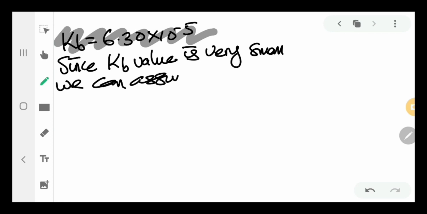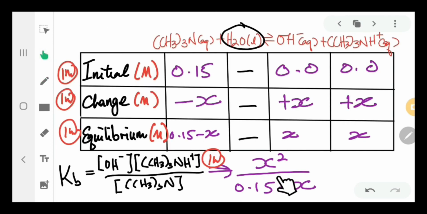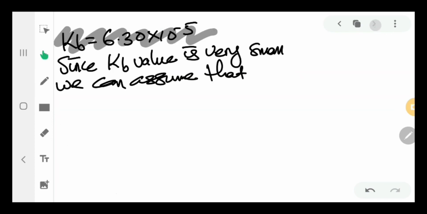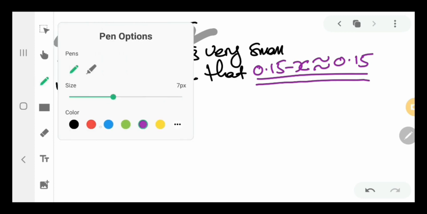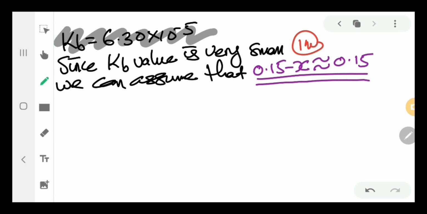We can safely assume that 0.15 minus X is approaching 0.15. Okay, so it's a very, very important assumption. You have 1 mark.